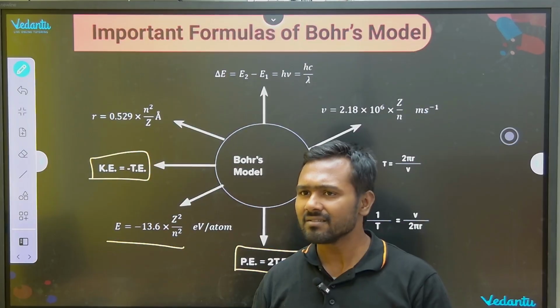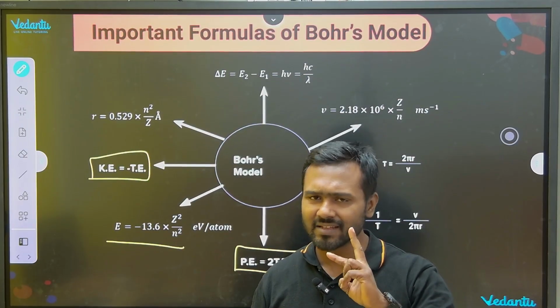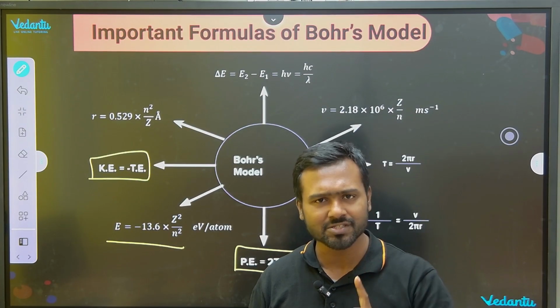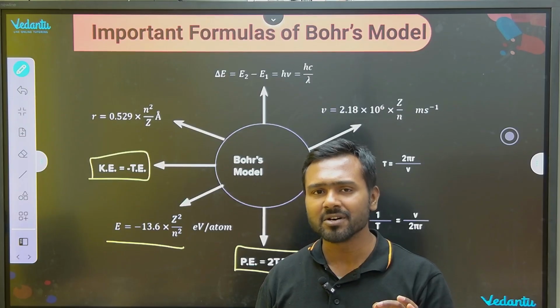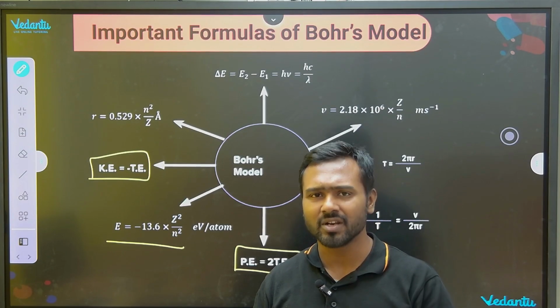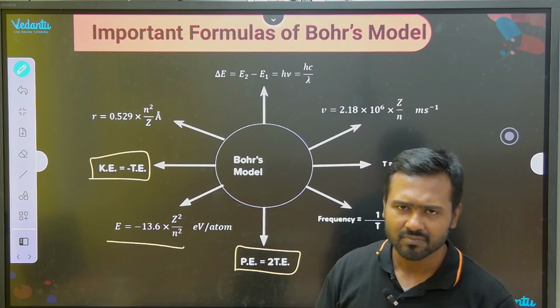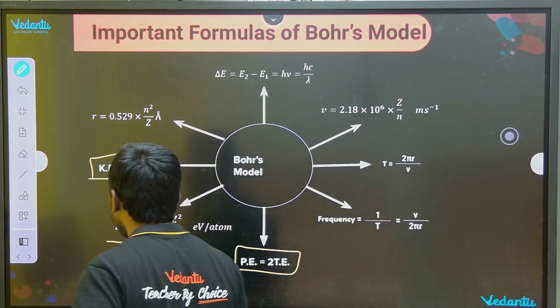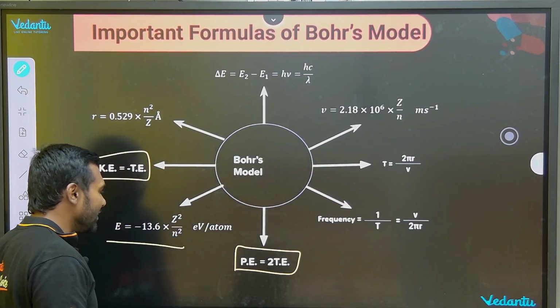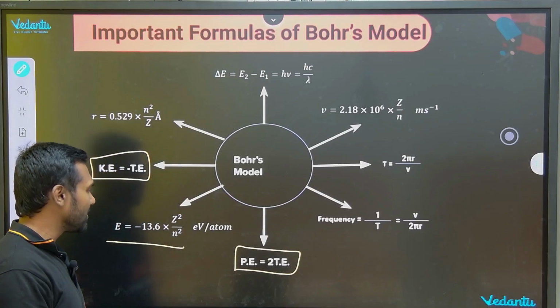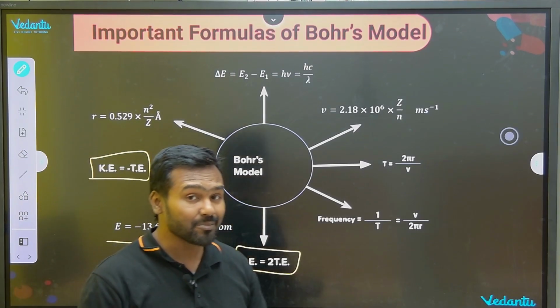Mostly they will give either joules or electron volts, and 90% they will go for electron volts only. But to be on the safer side you can remember the joules also: 2.18 into 10 to the power of minus 18 joules into z square by n square, where z is the atomic number and n is the orbit number.